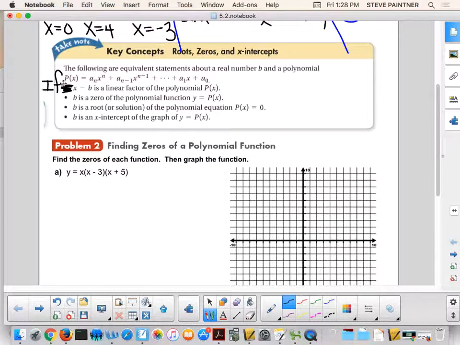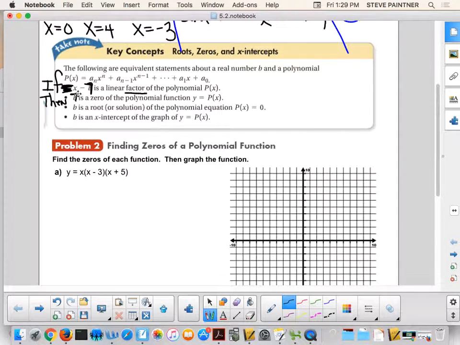If x minus b is a linear factor of the polynomial p of x. Wait a second, let's get rid of the b. Let's say x minus 7. Now let's do this again. If x minus 7 is a factor of the polynomial, then these next 3 bullets are true.